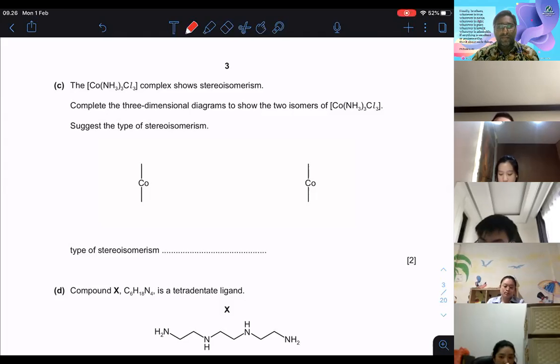If you look at it, it's going to be stereoisomerism for complex ions. So they ask you, they mention that this complex can show stereoisomerism, complete a 3-dimensional diagram to show 2 isomers of this. This one is going to be slightly different from what we normally do.